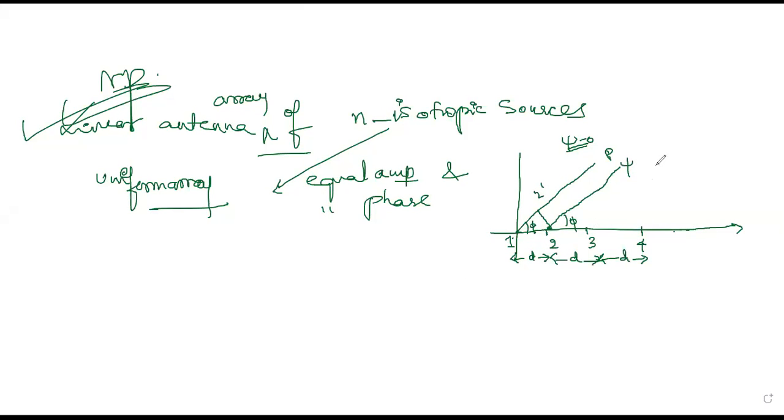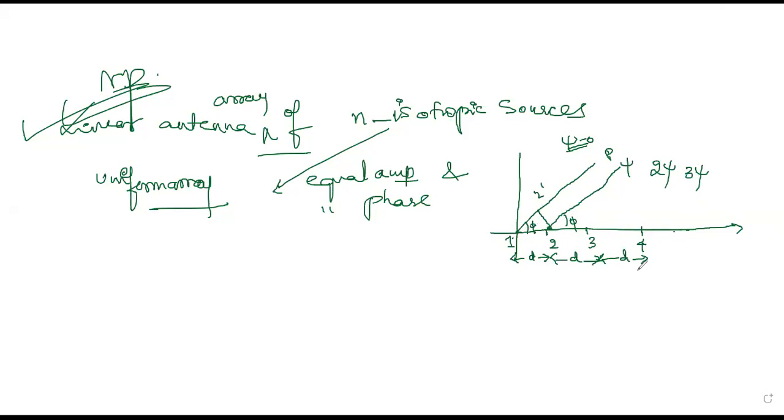Similarly, source 3 will have 2 xi, and source 4 will have 3 xi, and it will continue. So the phase will increase progressively for each source. Source 2 is at an angle xi with respect to source 1. Source 3 is at an angle 2 xi with respect to source 1. Similarly, source 4 is at an angle 3 xi with respect to source 1.